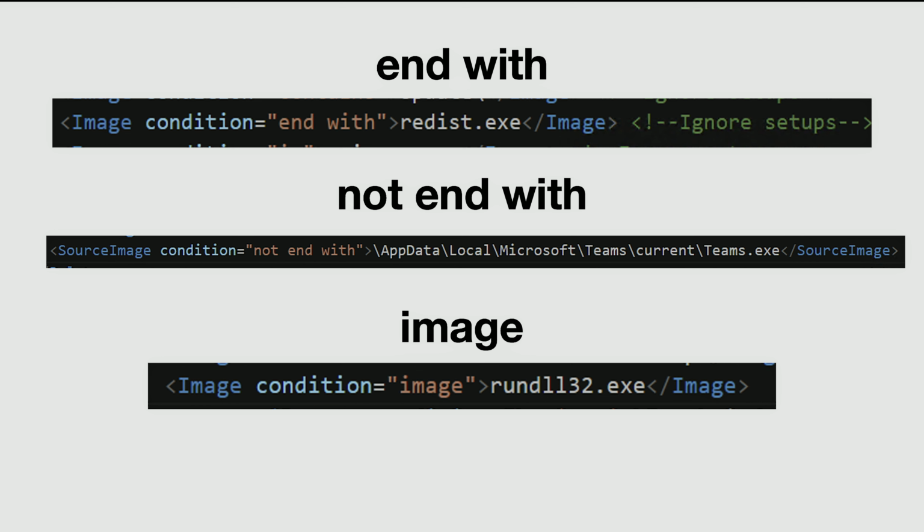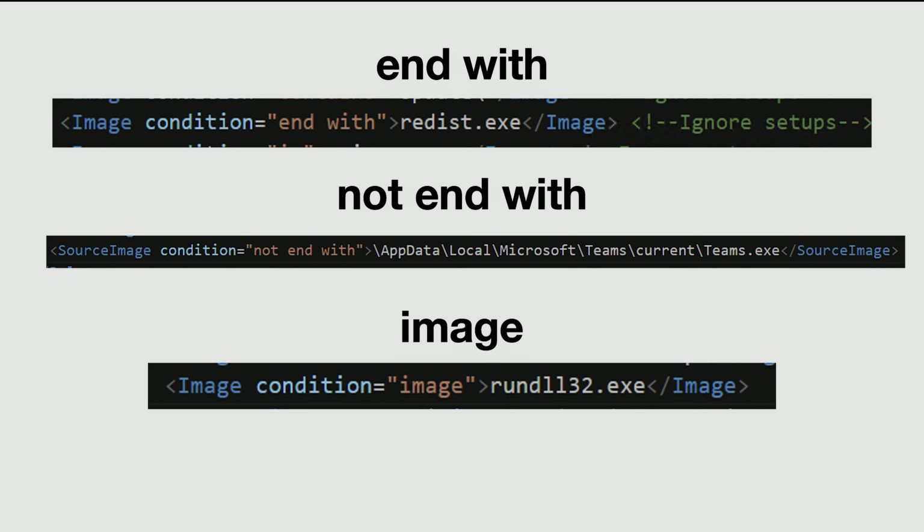Also, I have not end with, so it's the negation of end with. So in this case, it is like, hey, if it is not app data local Microsoft Teams current teams.exe, ignore this. I can have this as part of a compound rule in case somebody's just naming teams.exe their payload.